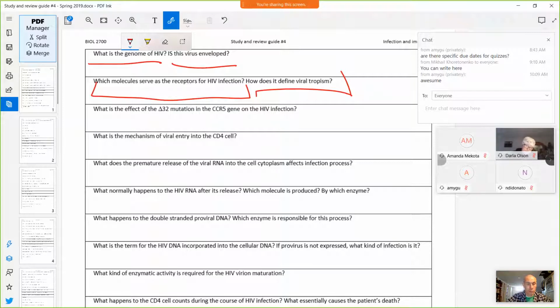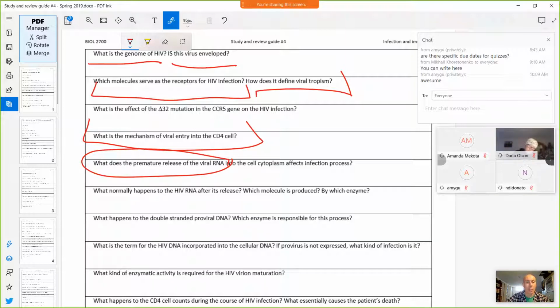Mechanism of the viral entry: mostly fusion. The virus attaches to the receptor, the viral envelope fuses with the cellular membrane, the capsid gets disrupted. If viral RNA is released too early in the cytoplasm, abortive infection, it stops. The cell basically crushes it.